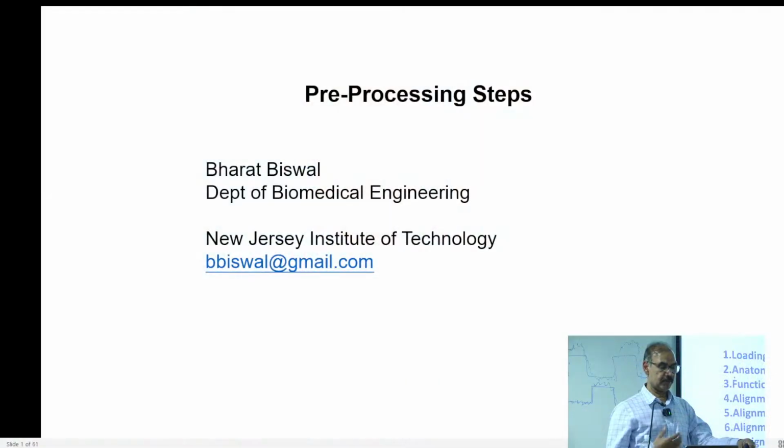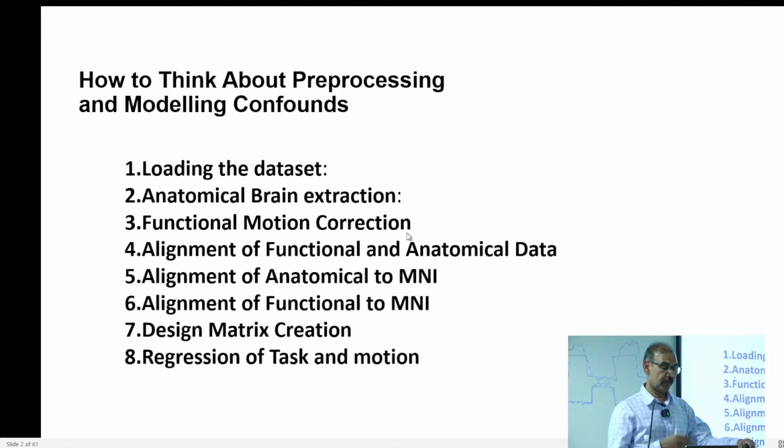typically we try to find the head motion, do motion correction, then do alignment of functional and anatomical data, and then alignment of anatomical data to MNI space, and then alignment of functional to MNI using the same affine transformation which was used to align anatomical to MNI, right?